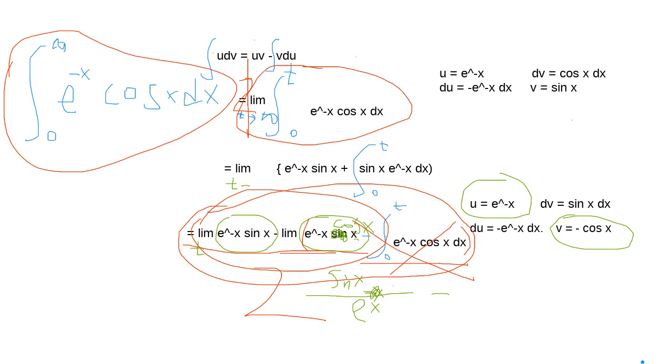Then the second one, we take a limit, t runs to infinity. We get a uv. Then we did this one, we get a uv. And this one, we move to the other side. So the improper integral equals the limit of this when t goes to infinity, which is e to the negative x sine x. And this one, we don't need this limit anymore.